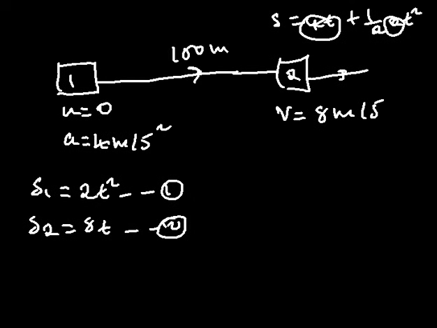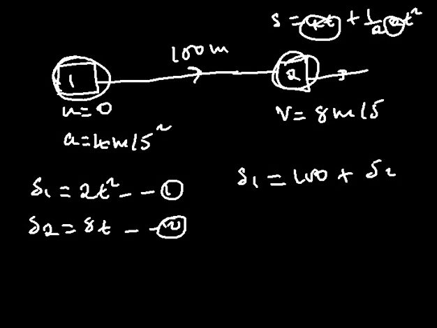If that is the case, then s1 is the same as 100 plus s2. So from there we substitute: 2t squared is equal to 100 plus, what is s2? We have it as 8t.